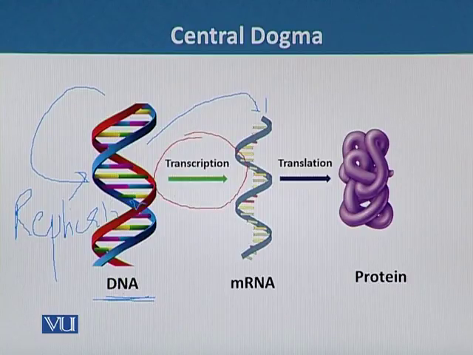This is a very specific process in which DNA is transferred to RNA, or more precisely, the information stored in the molecule of DNA is transferred to the molecule of mRNA, and this molecule of RNA is a complement of one strand, or we can say the antisense strand, of DNA.